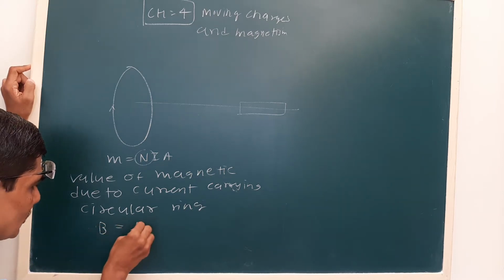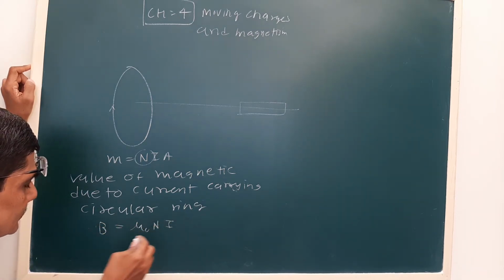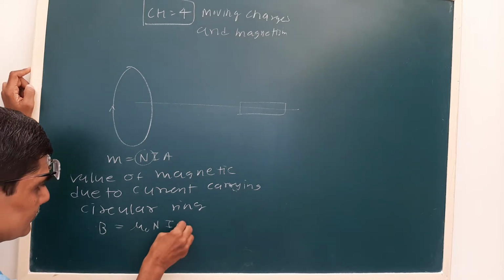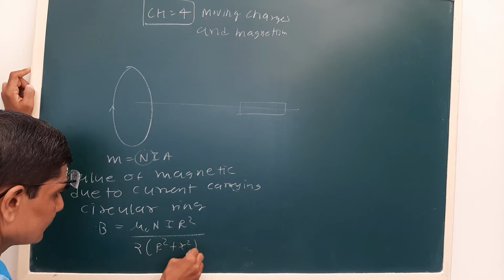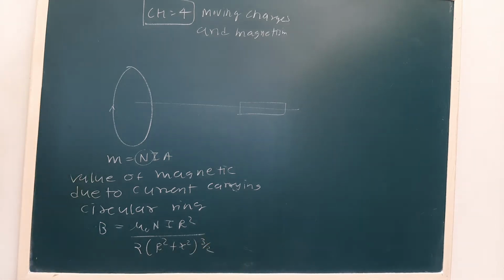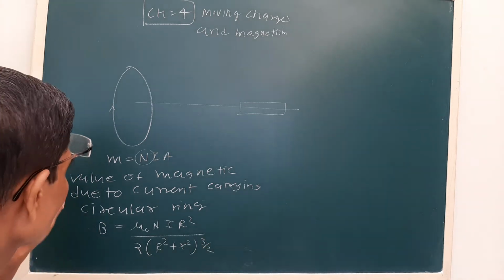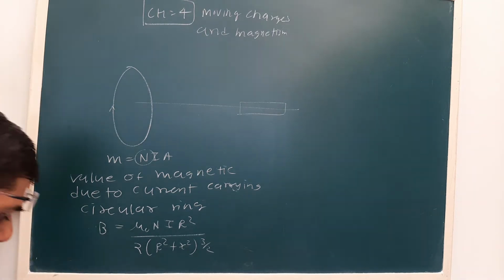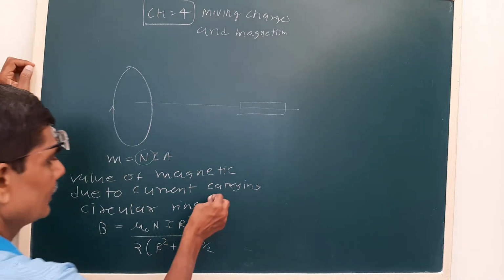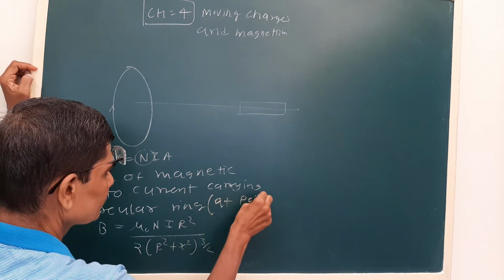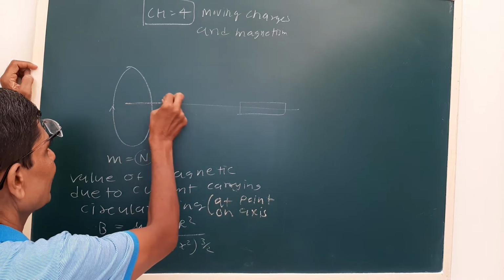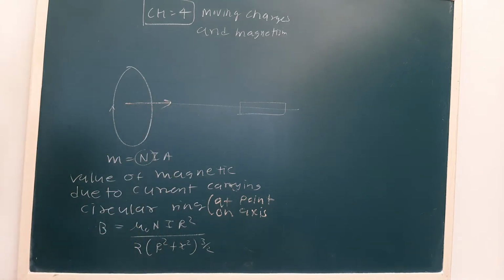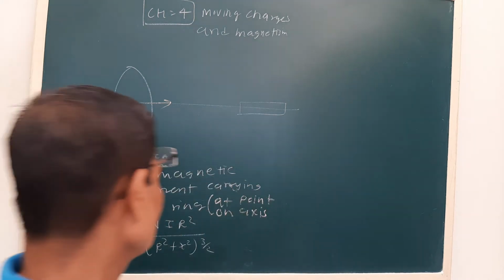B is equal to mu 0 NI R square over 2 times R square plus x square to the power 3 by 2. Now this is the value of the magnetic field due to a current carrying loop. This is the formula at a point on the axis. Now see, the line passing through the center is called the axis. Now suppose we have got x very large compared to R.